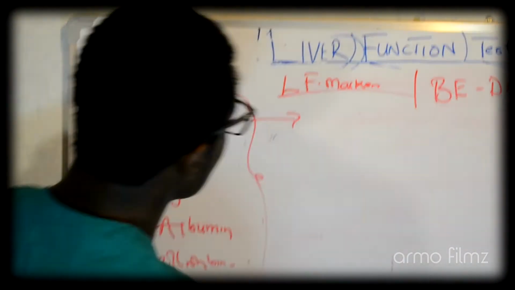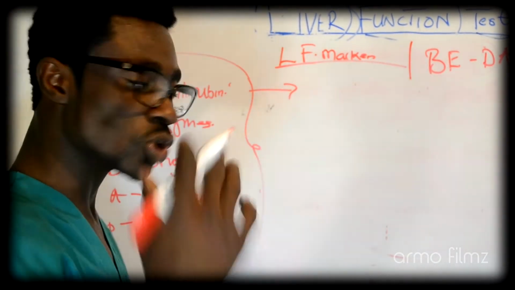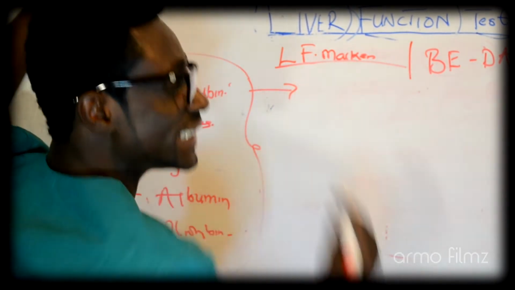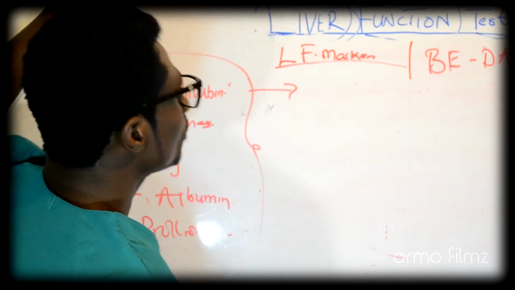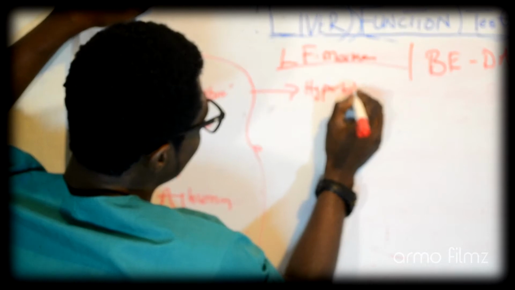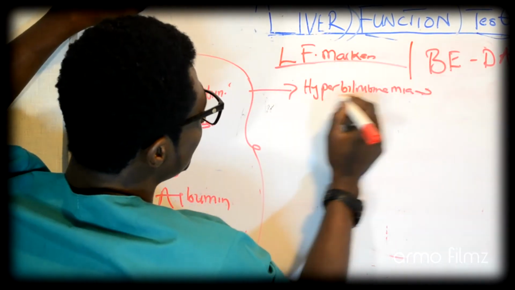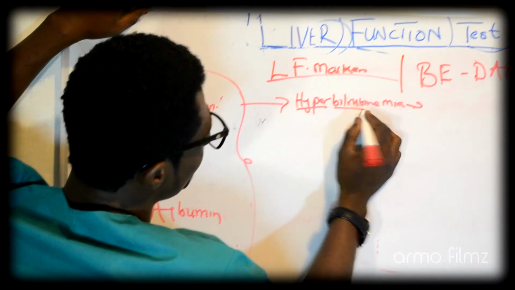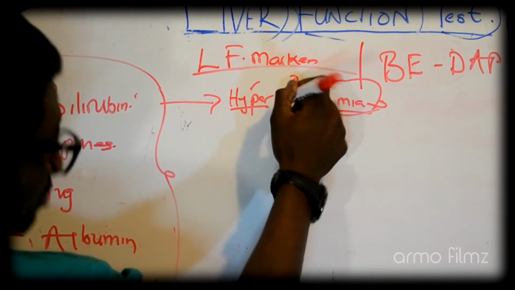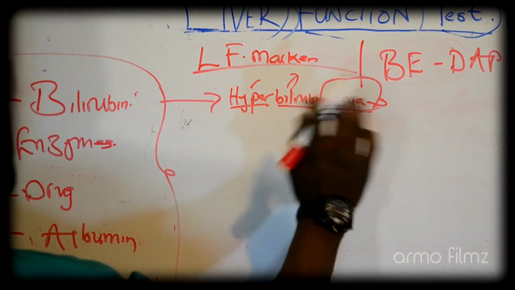In this case, what you are going to see in the result of your liver function test is an increase in the level of serum bilirubin, which is called hyperbilirubinemia. Hyper means high, bilirubin means of course bilirubin, and emia means blood. So increased bilirubin in the blood.